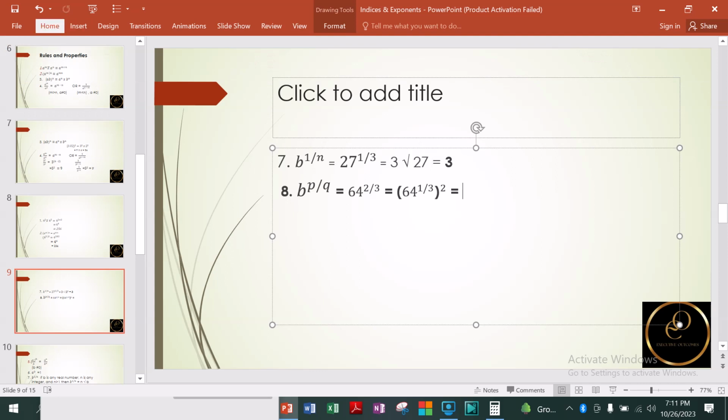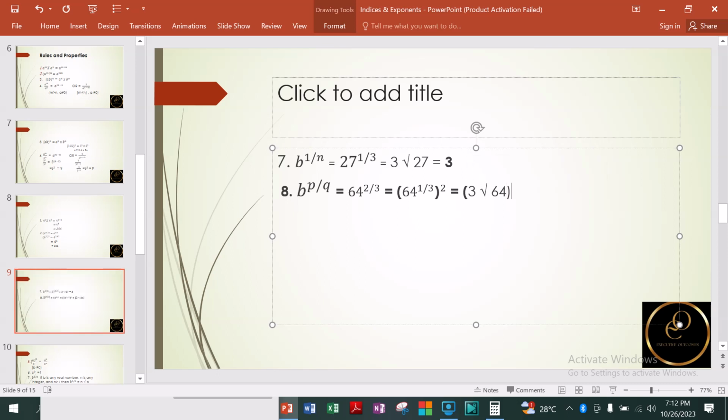Just use that frame to create what I want. You have the cube root of 64. That is the inside.